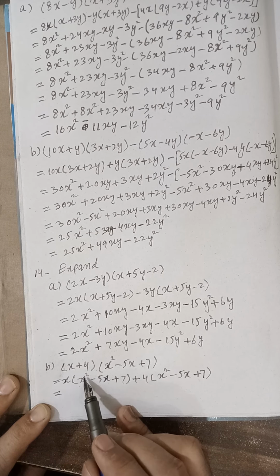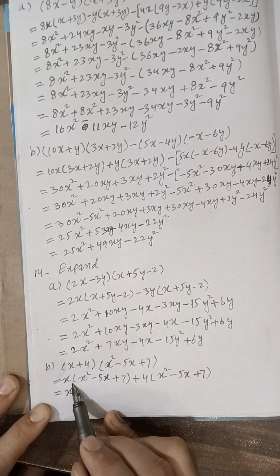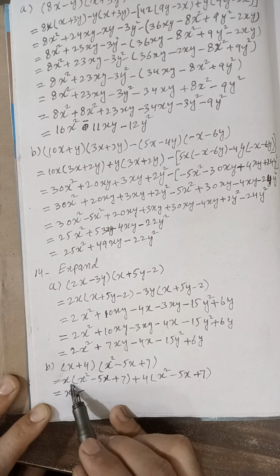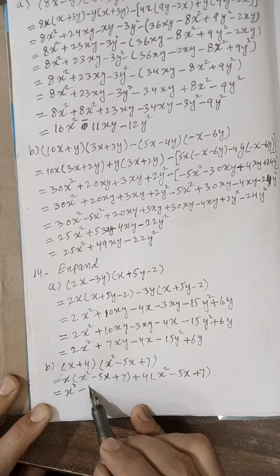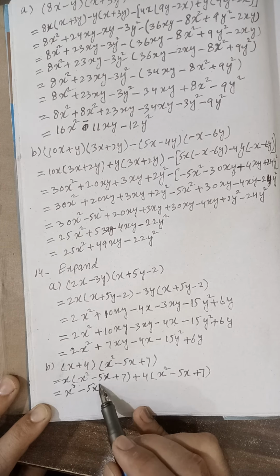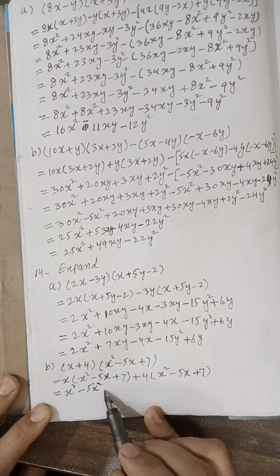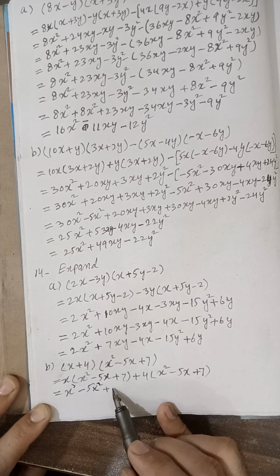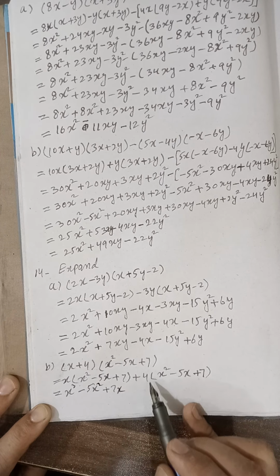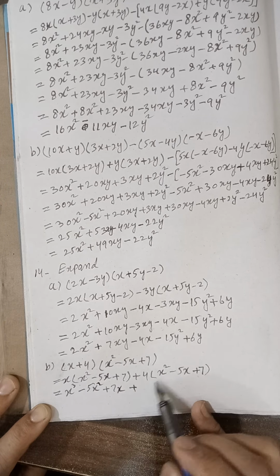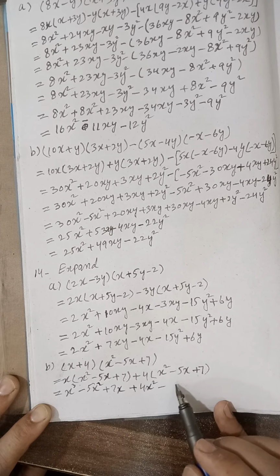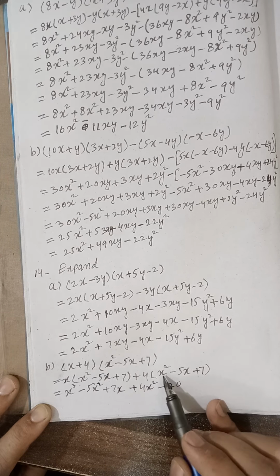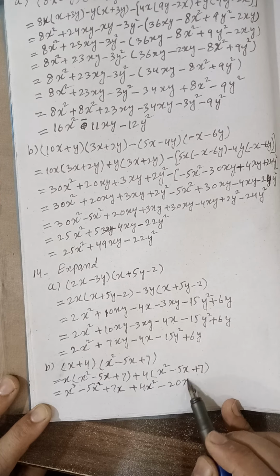While multiplying, x multiplied by x square is x cube, and 5 1 5s are 5, and x multiplied by x is equal to x square. Then x multiplied by 7 is 7x. Then 4 multiplied by x square is 4x square. Then 4 multiplied by 5 is equal to 20, and x is there.